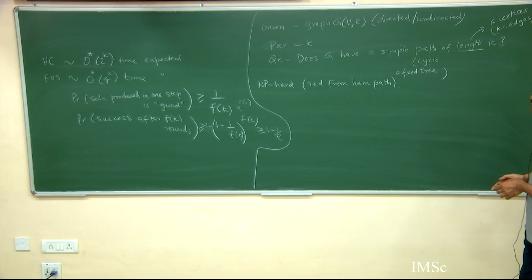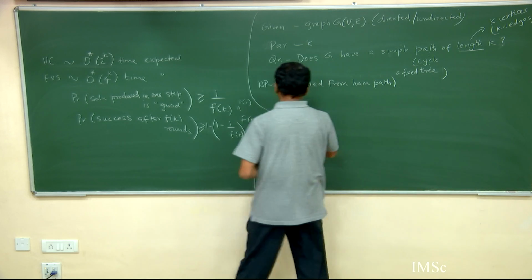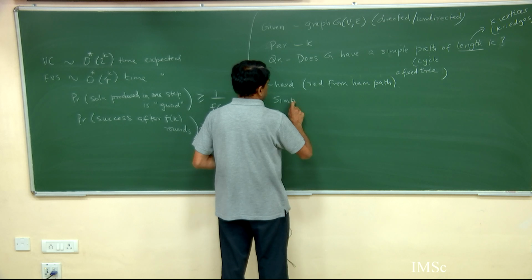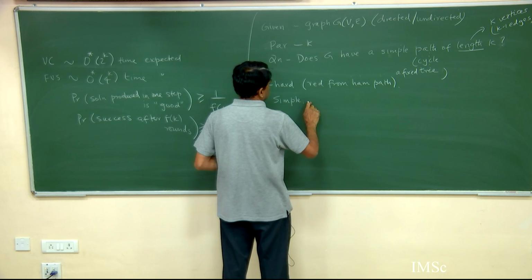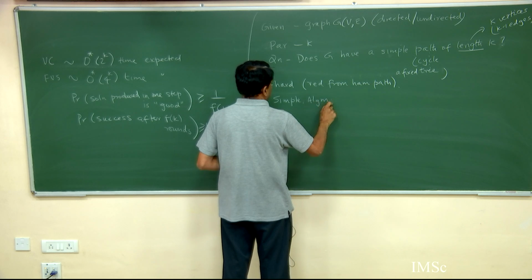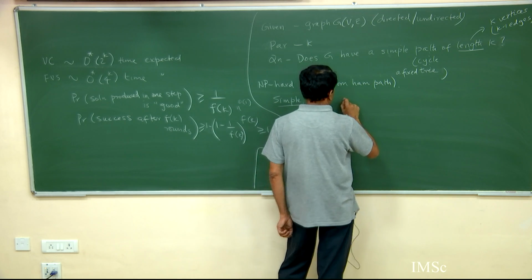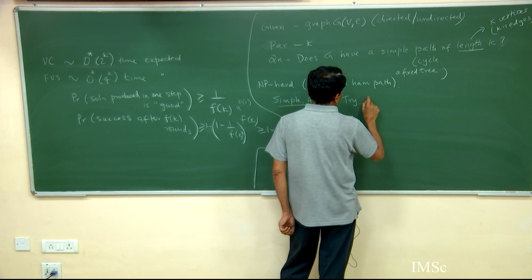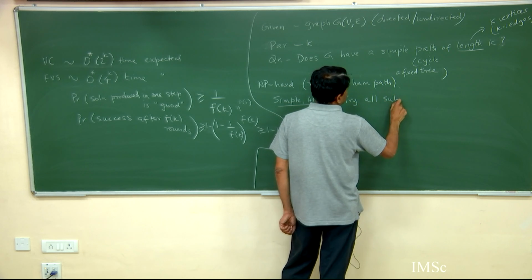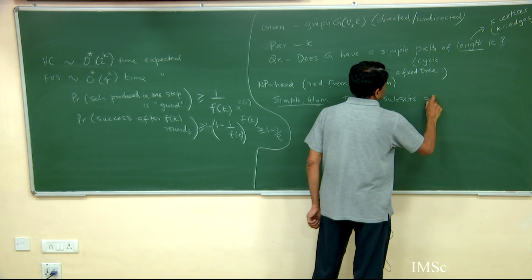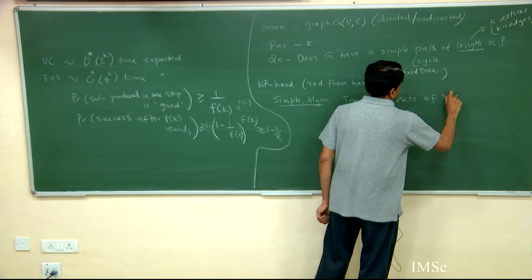Very good. So, here is a simple algorithm. Try all subsets of size k, right? Subsets of vertices.